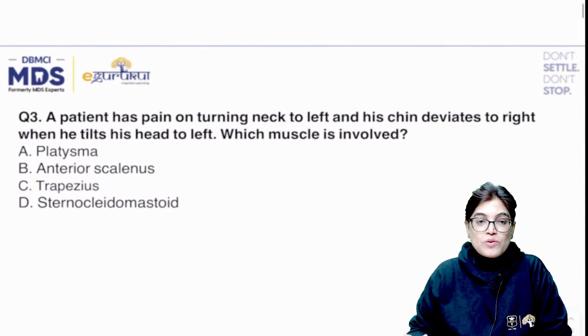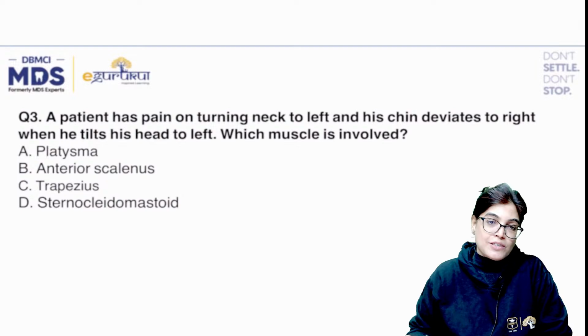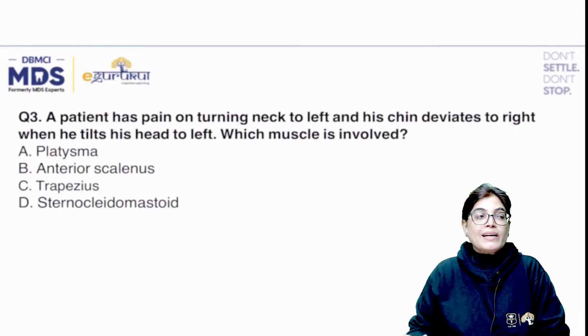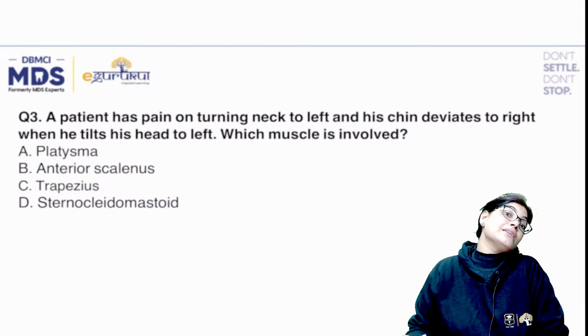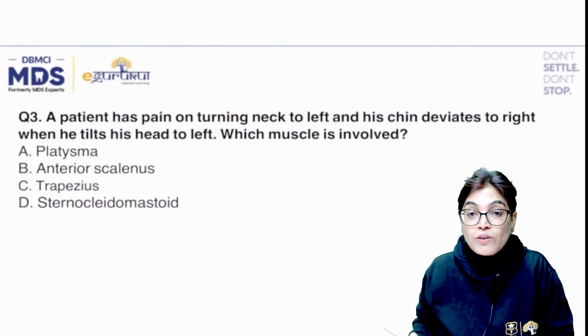Now coming to the next question, question number 3. A patient has pain on turning the neck to the left and his chin deviates to the right. For example, if I'm turning my head to one side and my chin is facing the other side, this is exactly the movement of one muscle.